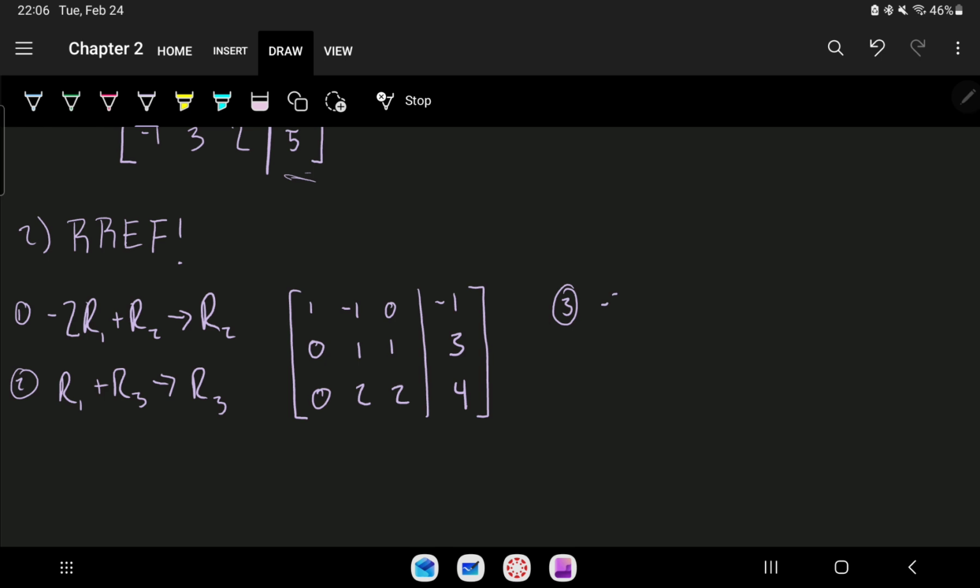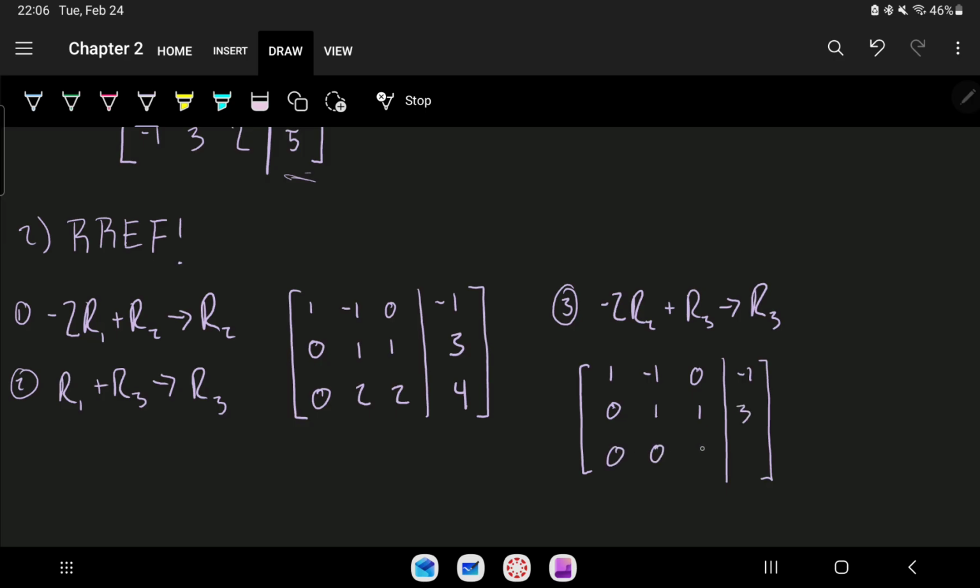I could do that by doing negative 2r2 plus r3 is the new r3. And this, you can already see that there's something fishy going on, right? Since these two are the same. That's going to give us negative 6 plus 4 is negative 2.